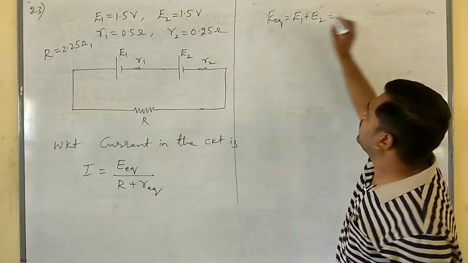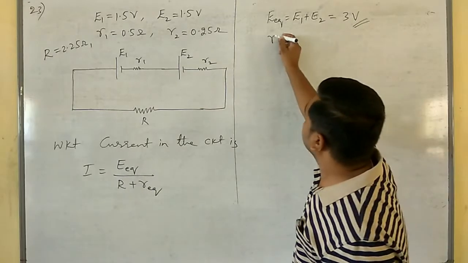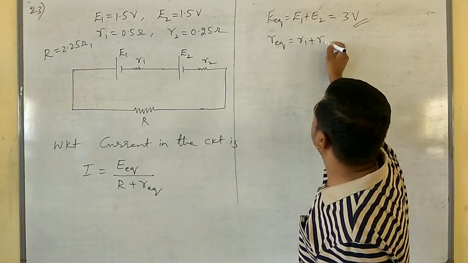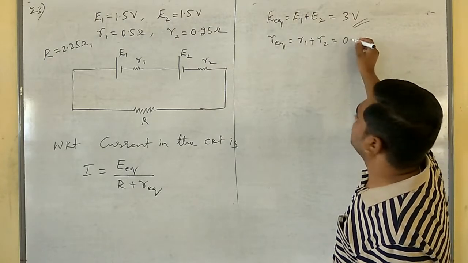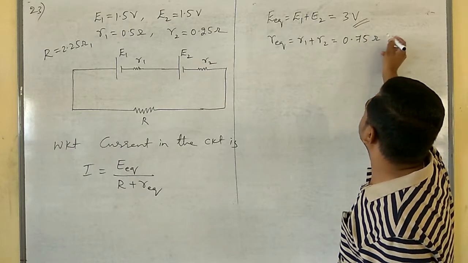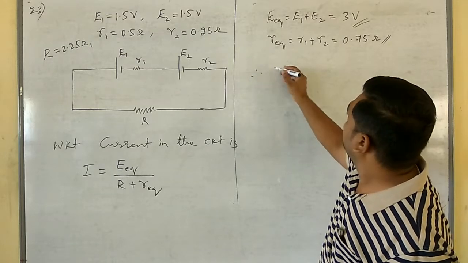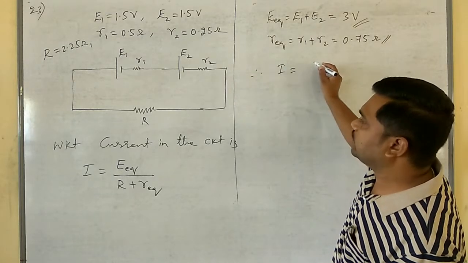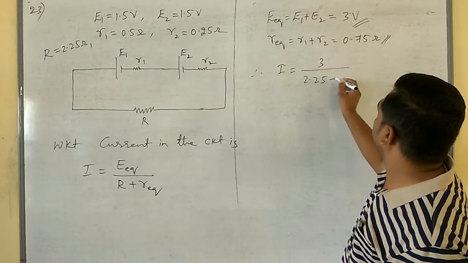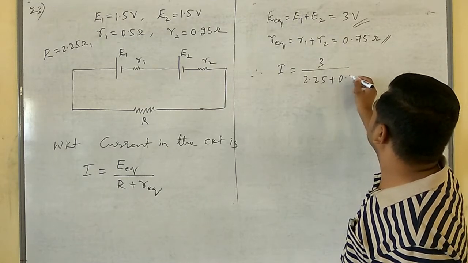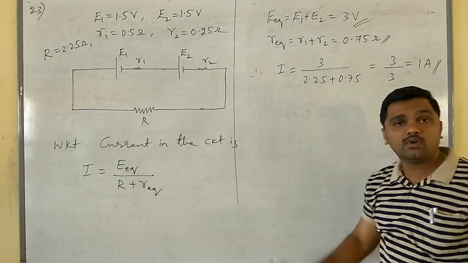Okay, here 1.5 plus 1.5 means 3 volts. Similarly, R equivalent in series is given by R1 plus R2, which is 0.5 plus 0.25, which is 0.75 ohm. Okay, next, therefore, I is equal to E equivalent 3 divided by R is 2.25 plus small r equivalent 0.75, which is 3 divided by 3, that gives you 1 ampere.